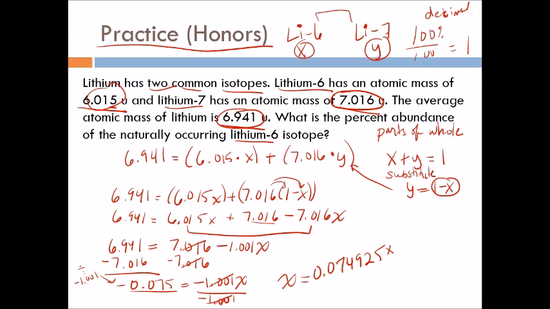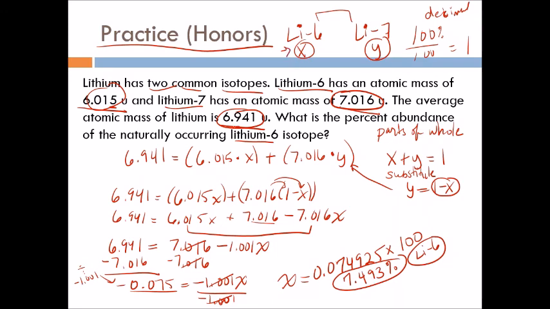So I'm going to just keep it at 4 because of all the math in between. Don't forget though that you have to multiply this by 100, and then that gives you 7.493%. Now this is for lithium 6, because we know the original X we assigned to lithium 6.